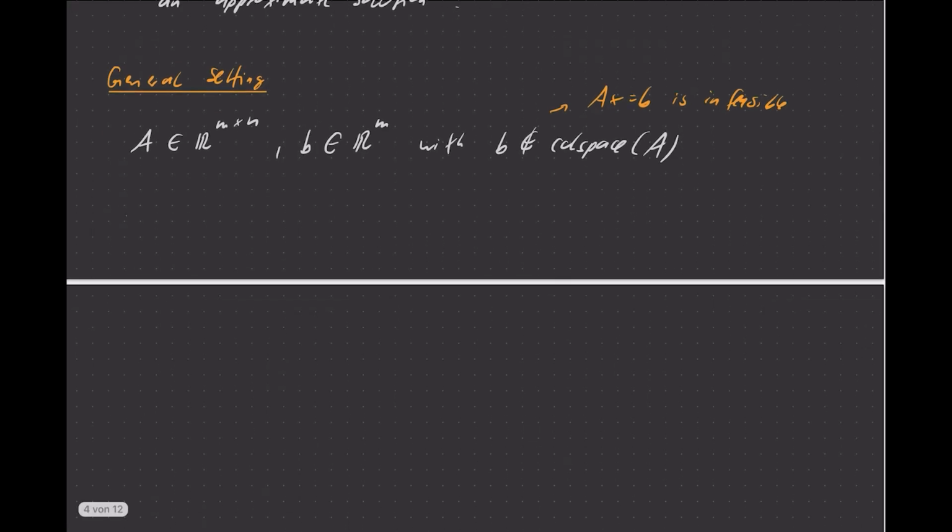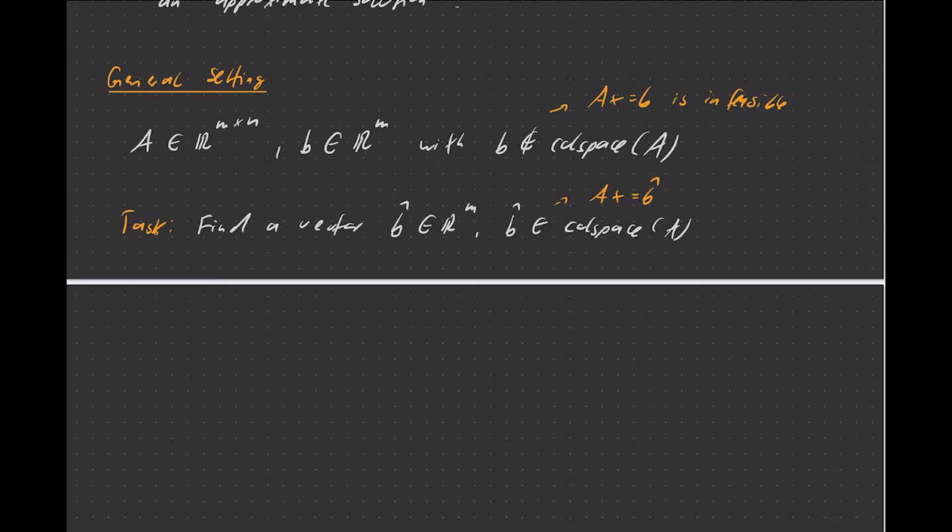So here's the task. We want to find a vector B hat in Rm, where B hat is contained in the column space of A, meaning AX equals B hat is feasible, so we can determine a solution to that system.